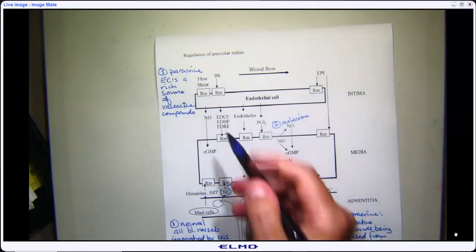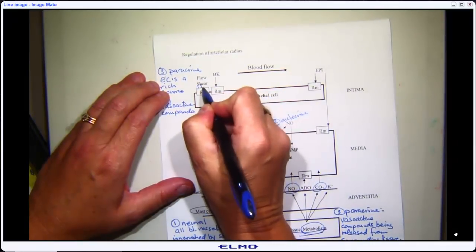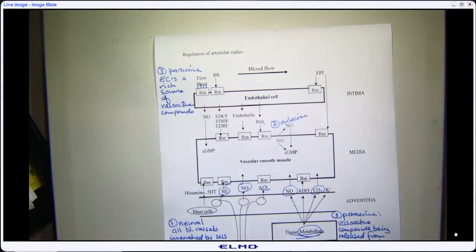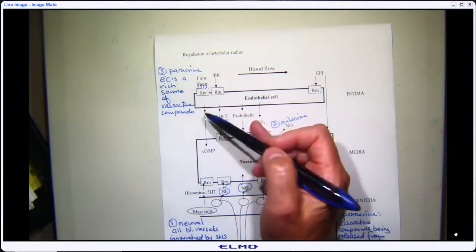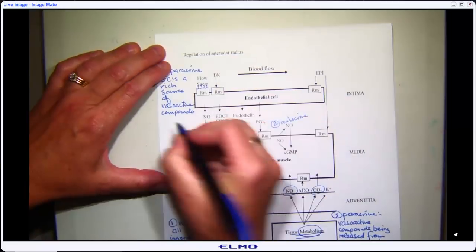So they have these interesting receptors on endothelial cells that have part of the carbohydrates that are in the proteins sticking up in the blood flow stream. So when flow goes by, they bend. And when they bend, they then change what the endothelial cell does. So we made up this shear stress now, or this flow sensor that can change what it's releasing.